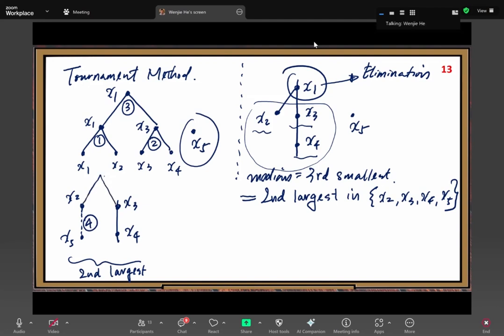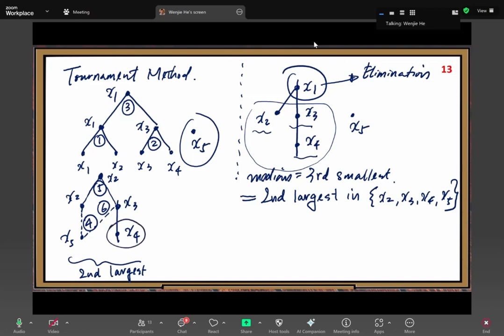The winner is the largest. So if you assume X2 largest, that's comparison number 5. X2 largest, then the last comparison is number 6. The winner of X5 and X3, that's the second largest, because X4 cannot be the second largest.